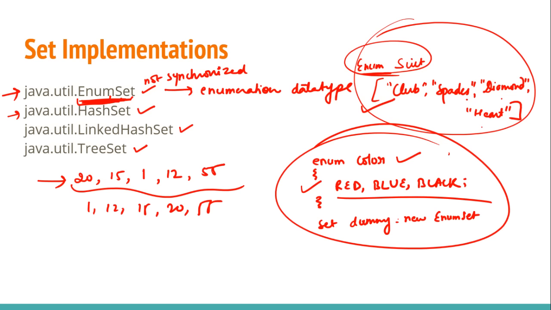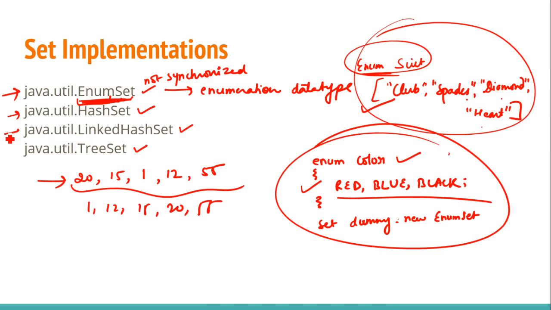There is no guarantee about the sequence of elements when you iterate over them. Like in linked list or in let's say array list, whatever order you enter the elements into in a linked list or array list, that order is maintained. Okay, now in hash set that doesn't happen, that order is not maintained.